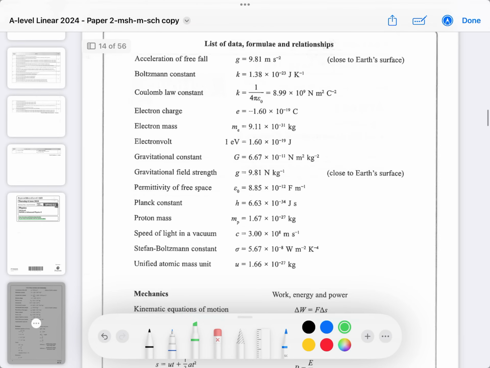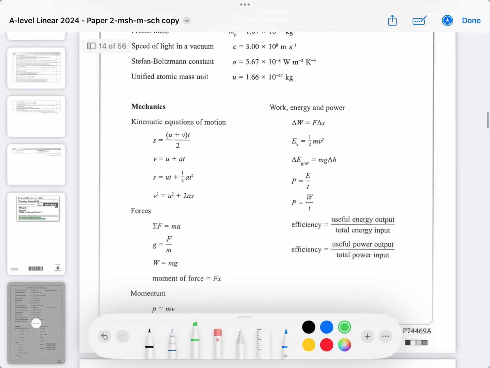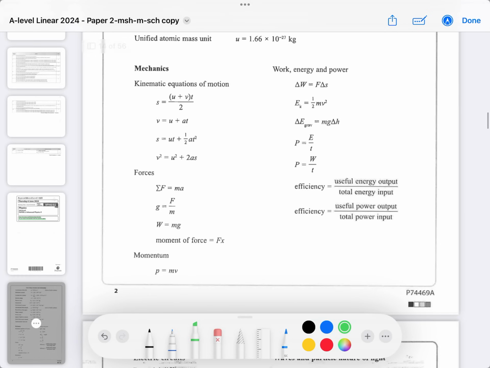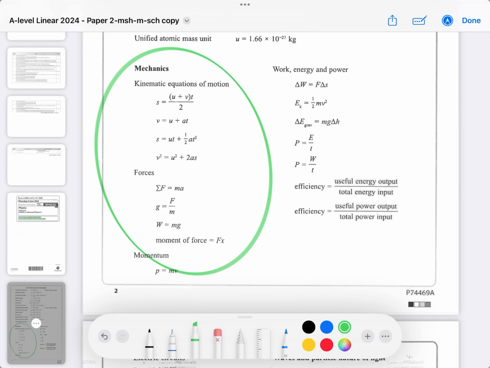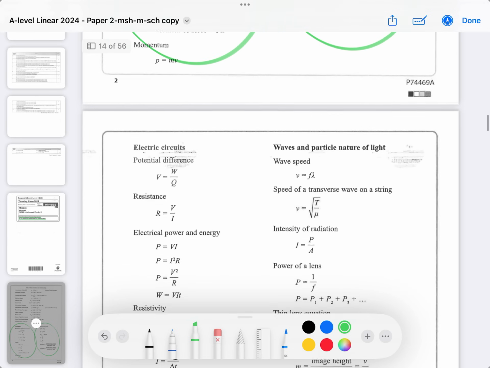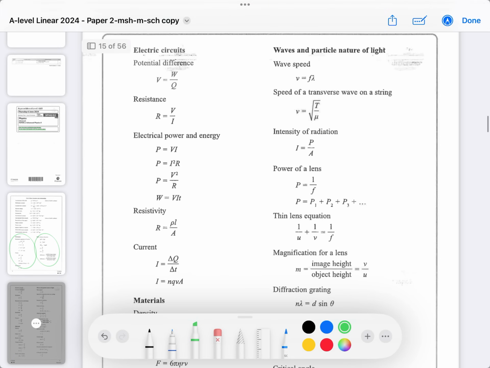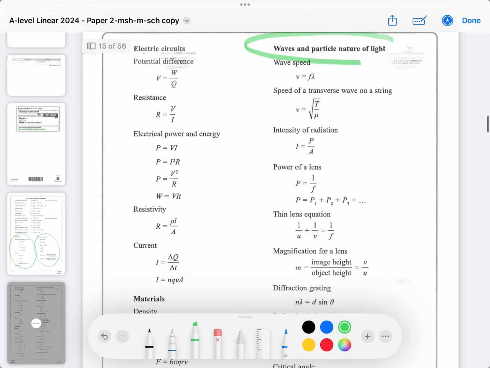It's the same data more or less, except they use 2 columns, so you can see you've got mechanics stuff there from Unit 1, and then you've got 2 columns of equations, whereas in the IAL it's a single column of formulae. Then you've got electrical circuits, waves and particle nature.